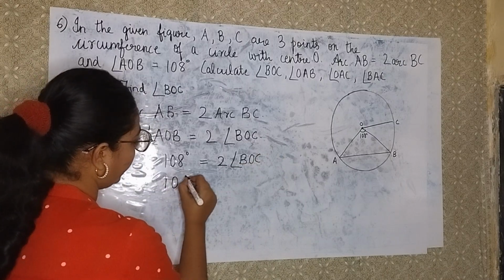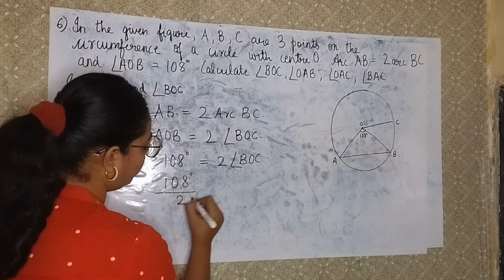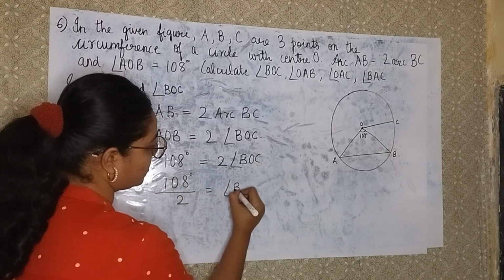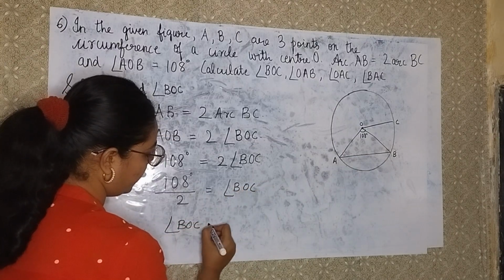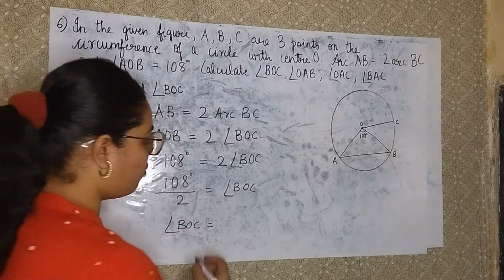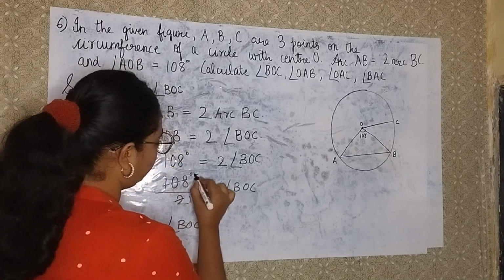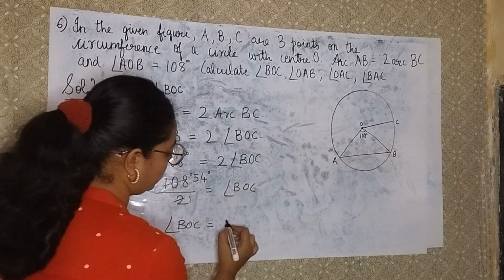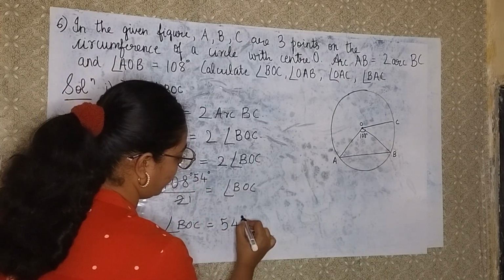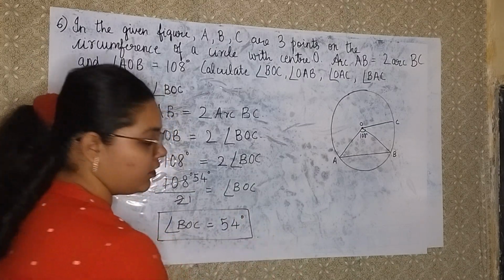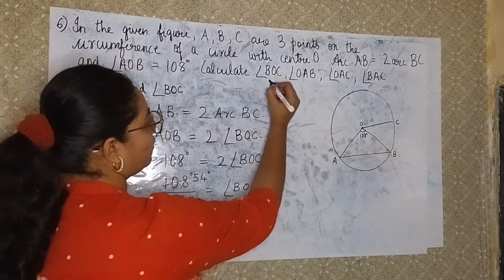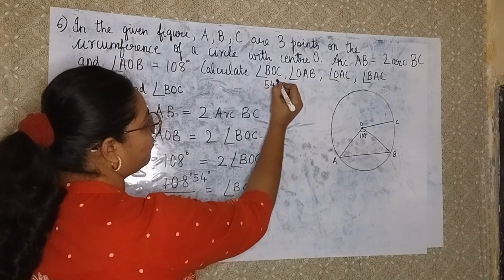Now 108 upon 2 equal to angle BOC. So I get angle BOC as 54 degrees.